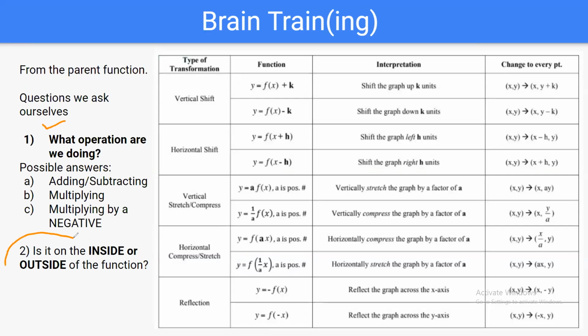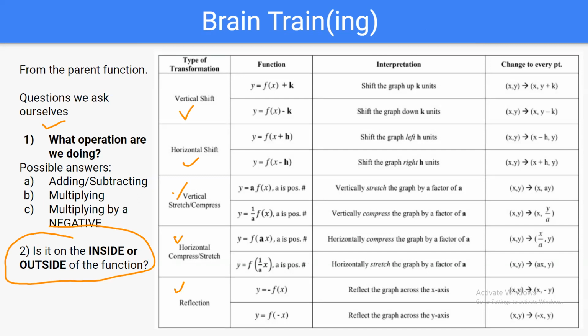Or is it on the inside or the outside of the function? That would lead us to a horizontal shift, a horizontal stretch or compress, or a reflection, or any one of these: vertical shift, horizontal shift, vertical stretch or compress, horizontal stretch or compress, or reflection, just by answering these two questions here.